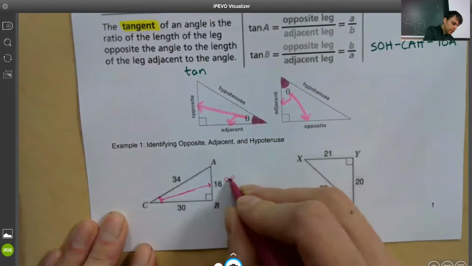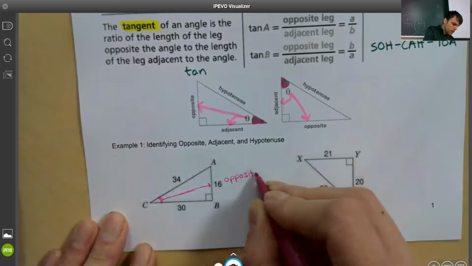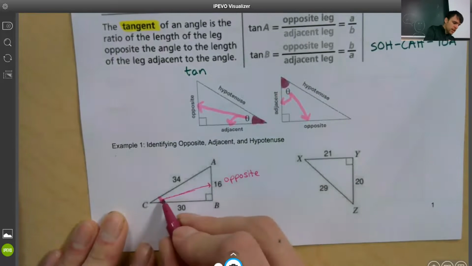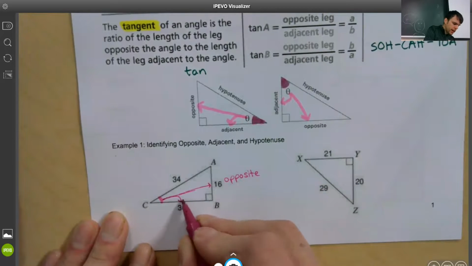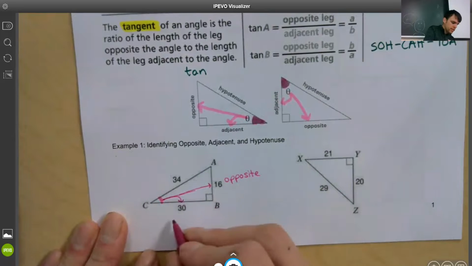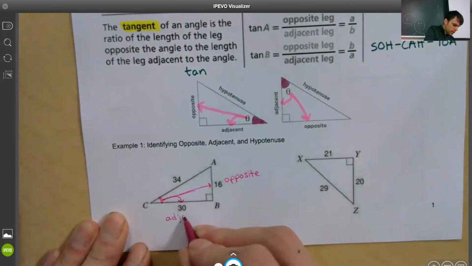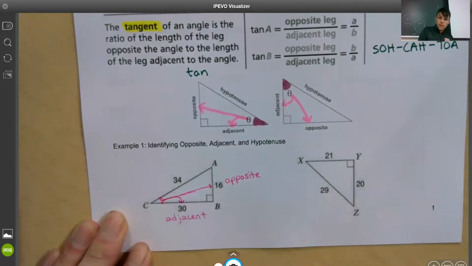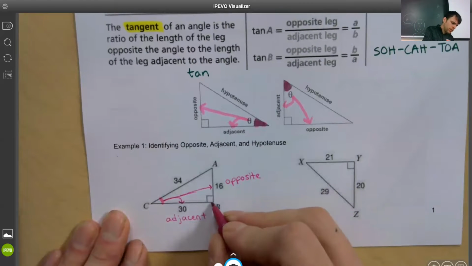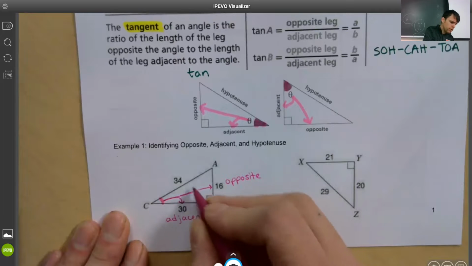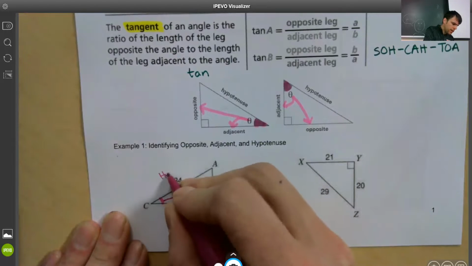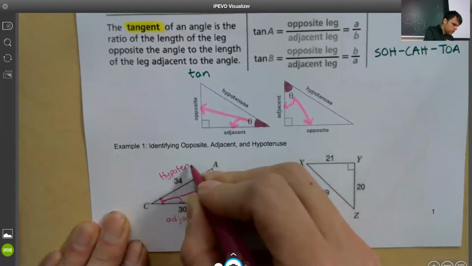So this one is the opposite leg. The adjacent leg is going to be right down here. It's going to be this side 30 or side BC. This is the adjacent. And that leaves one side remaining, the hypotenuse. The hypotenuse is always the hypotenuse, but it's across from this right angle right here. So if we go across from that, this one here is the hypotenuse.